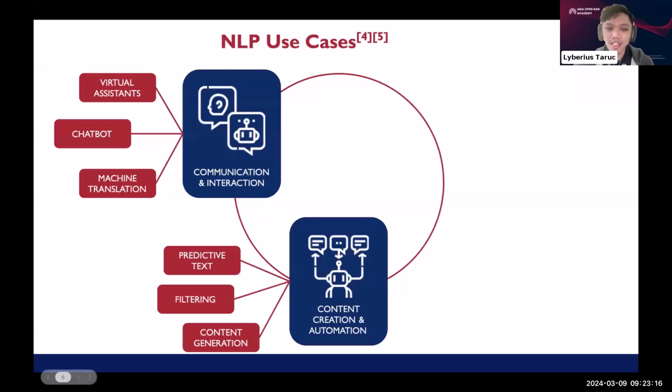Another use case for this is content creation and automation. So if communication and interaction mostly deals with analyzing what a user has entered into, say, a given text or through a voice recording, content creation and automation deals with creating something based on that given text.